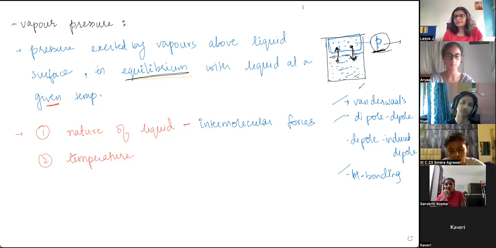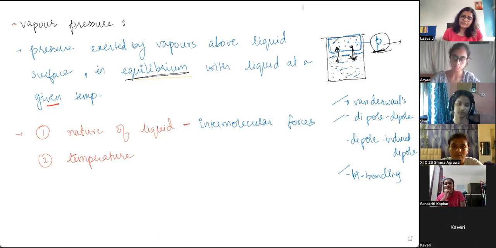Extremely strong intermolecular forces. So that plays a role in how easily those molecules can vaporize, and that in turn affects how many molecules vaporize, which will affect how much pressure is being exerted.